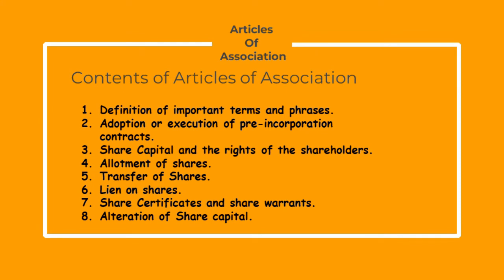You know that articles of association of a company contains the rules and regulations which are framed for the internal management of the company, and which are necessary to carry out the objects. If you see the articles of association, you will notice definitions of important terms and phrases, and the adoption or execution of pre-incorporation contracts.